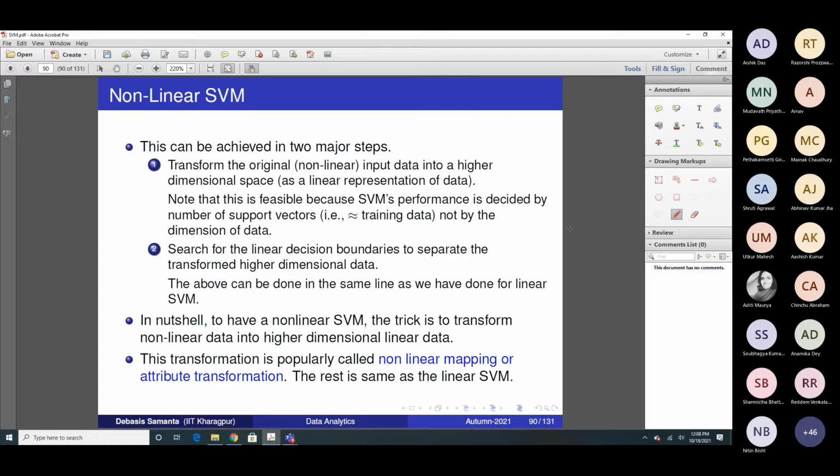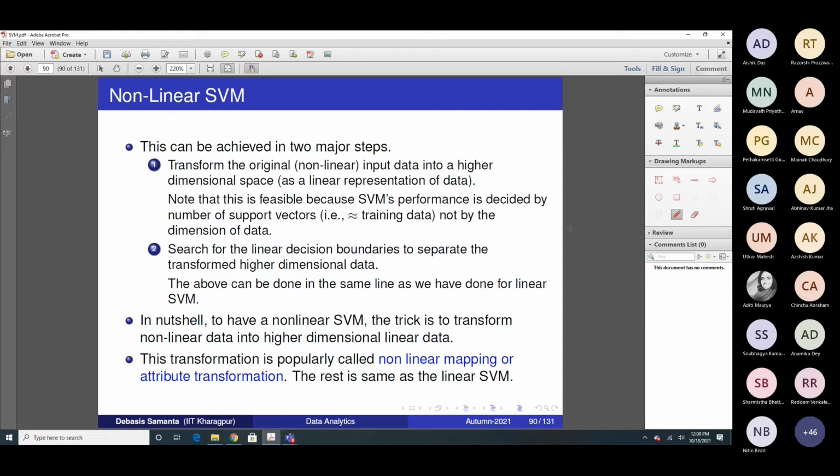What is the concept of data transformation? The concept is that if your data in the given space are not linearly separable, then you can transform your data into some other space so that in that space the data is linearly separable.